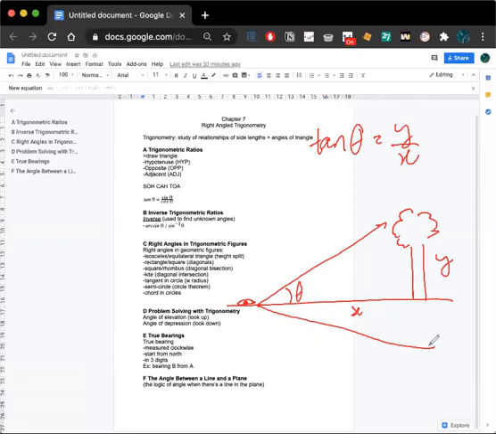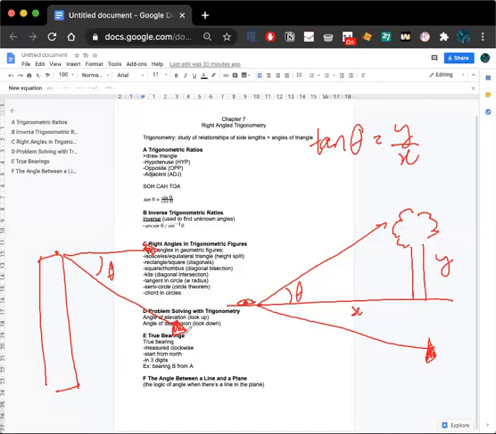And then there's also the angle of depression. For example, if you're on a tower and you look down at something, they would ask you to calculate the angle of depression. That would be this part of the angle.